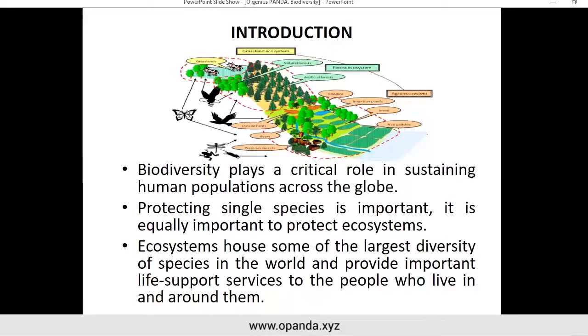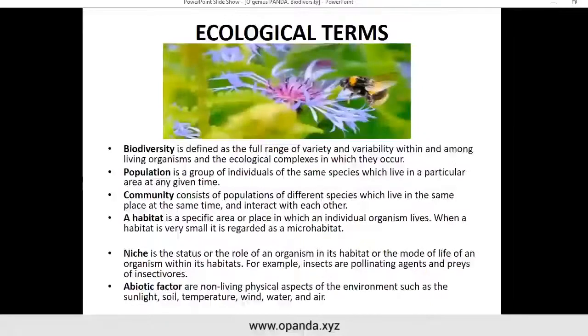Then about ecological terms, we have biodiversity, which is defined as the full range of variety and variability within and among living organisms and the ecological complexes in which they occur. This is the definition of biodiversity.